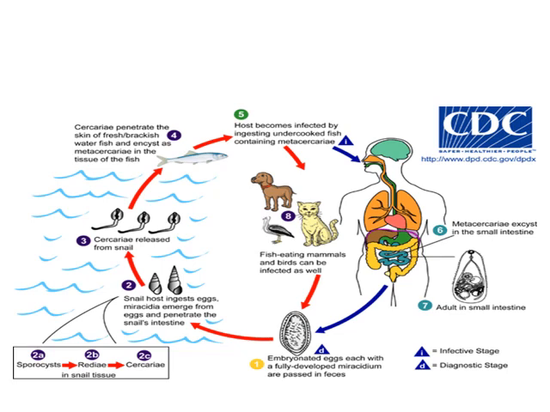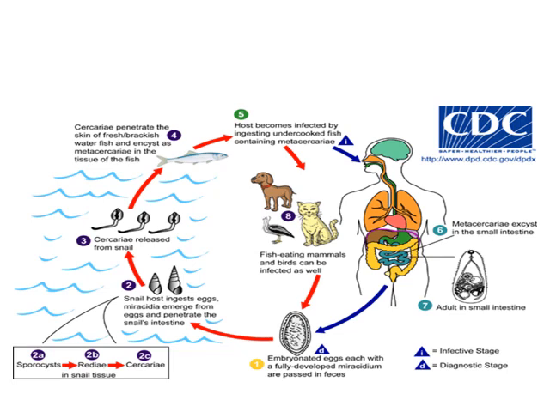Now, on the right side of this slide, we can see how the human can be infected. The human, we mean host, human or mammals, become infected by ingesting undercooked fish containing metacercariae. Now, the metacercariae excyst in the small intestine, and then the adult worm will be formed in our small intestine.